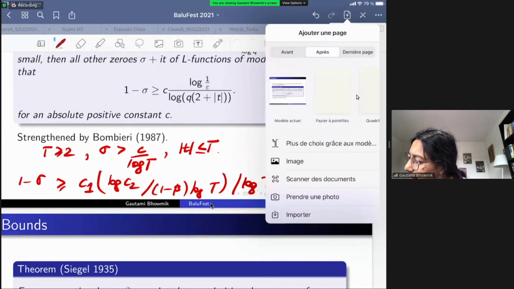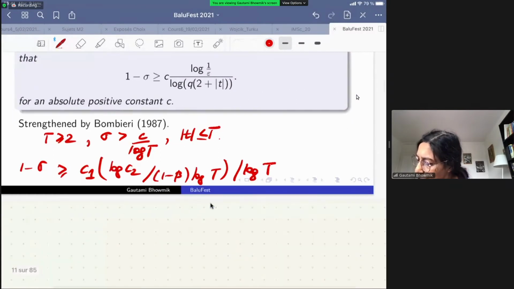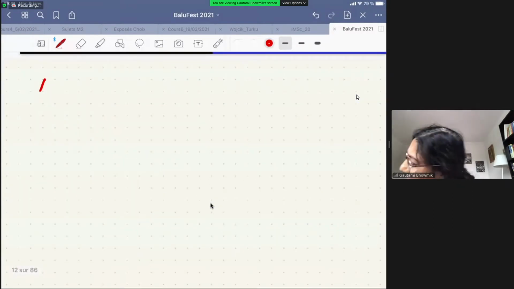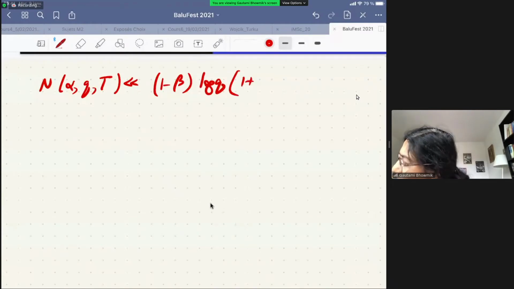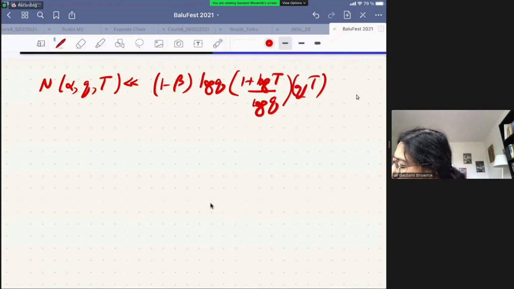You could have written it like this: N(alpha, q, t) is less than q t to the power of (1 minus beta) log q, times 1 plus log t by log q, times big O of 1 minus alpha.